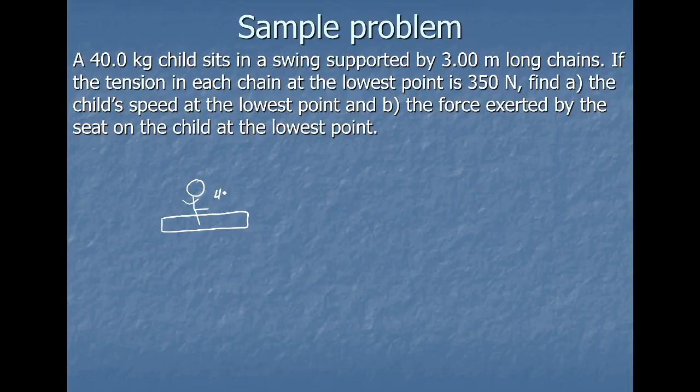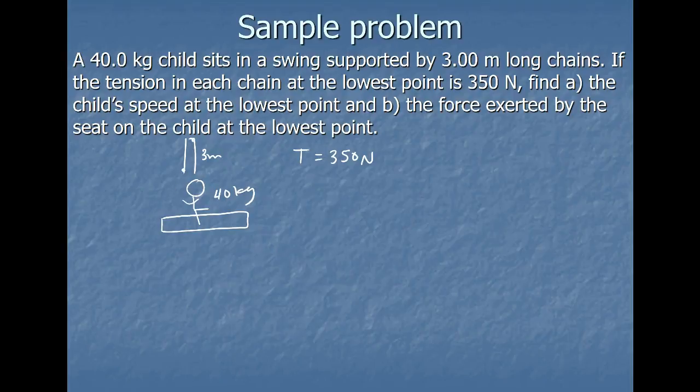So they're 40 kilograms, and it's supported by a 3 meter long chain. And if we know that the tension in, well, I guess there's two of them, the tension in each chain at the lowest point is 350 newtons. We want to find the speed at the lowest point and the force exerted by the seat on the child at the lowest point.